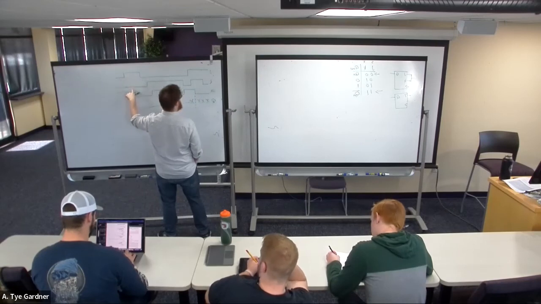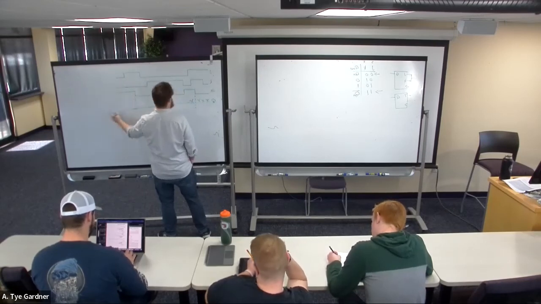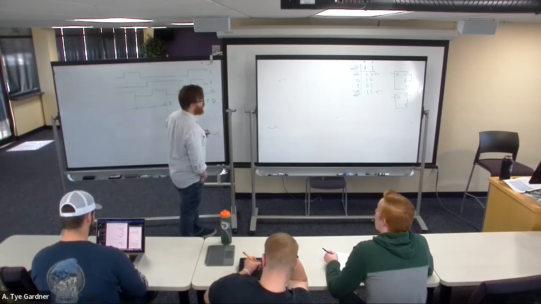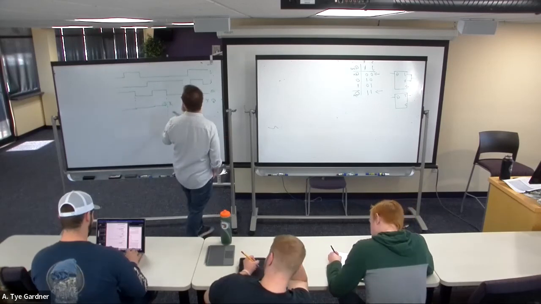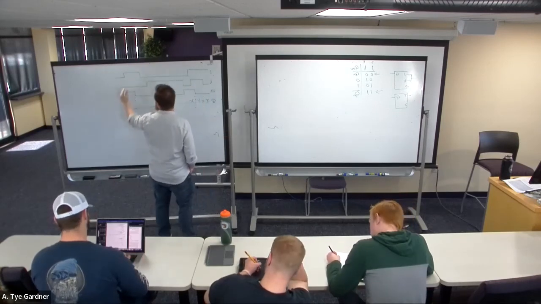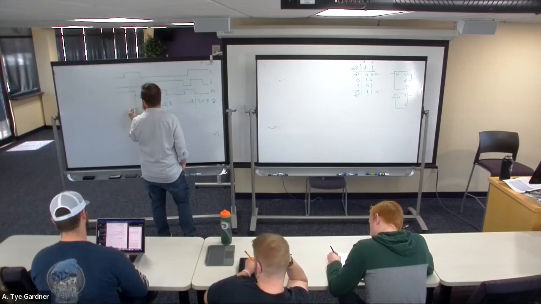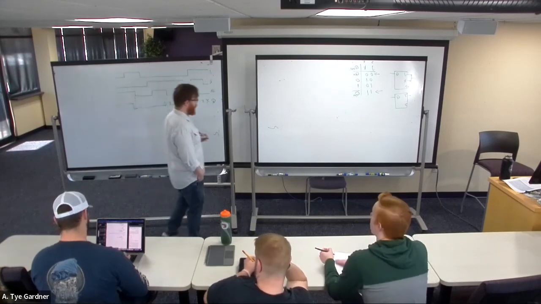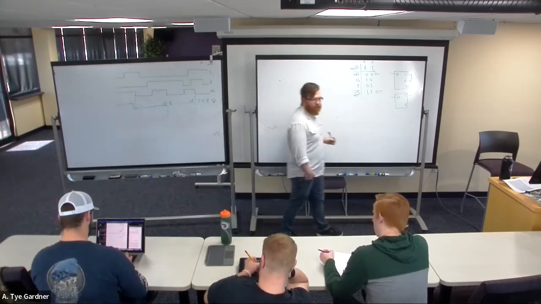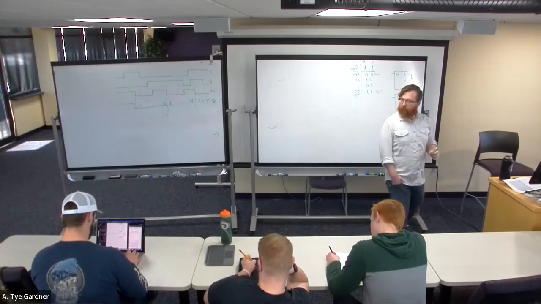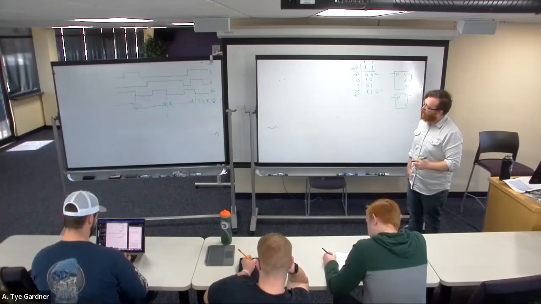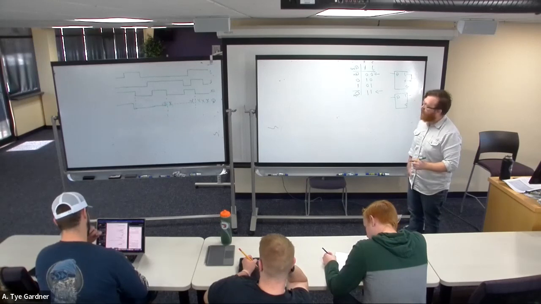Oh, wait, nope, 1, 0. Still 0. Oh, wait, J is 1. Never mind, it inverts, it does. Well, not inverts, it sets to 1. There we go. All right, that one got droopy.